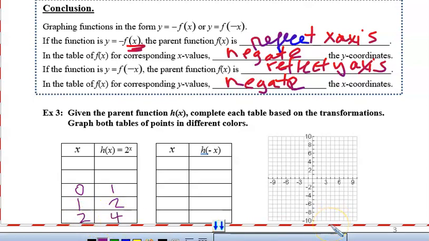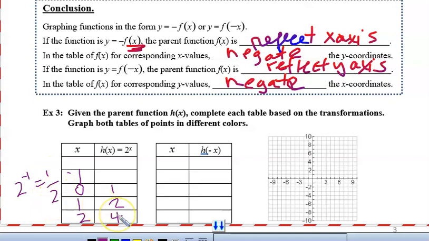So I could plot those. I'm going to put in a couple more points. Let's plug in maybe -1. So 2 to the -1, you may have forgotten what that does from Algebra 1. If you've forgotten, not a big deal. This makes this a reciprocal, so it now becomes the same thing as 1 over 2 to the +1.